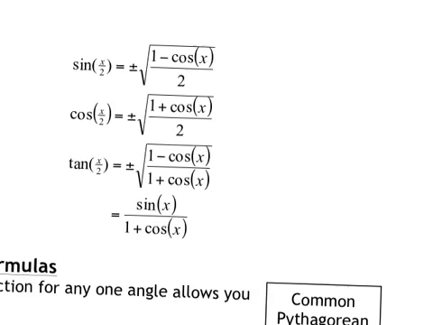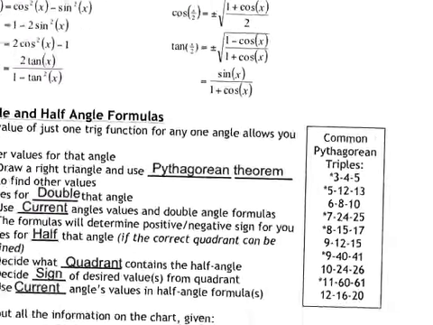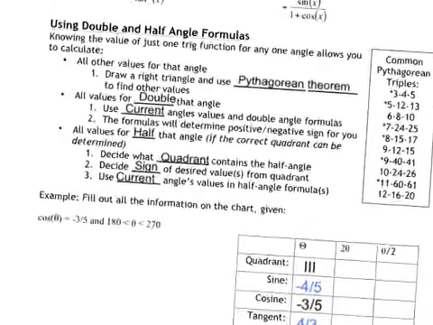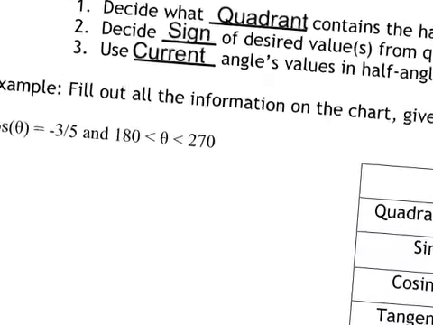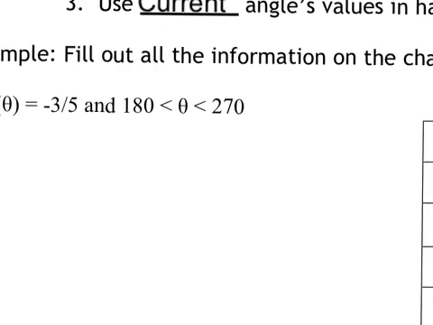So before I actually calculate any numbers, let's look at where theta halves ends up by taking this inequality and cutting everything in half. So cutting everything in half reveals that theta halves is an angle somewhere between 90 and 135 degrees.